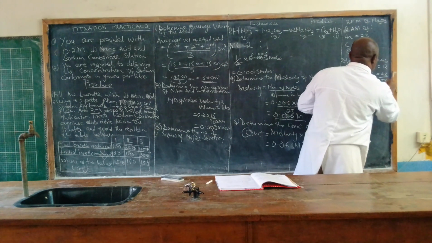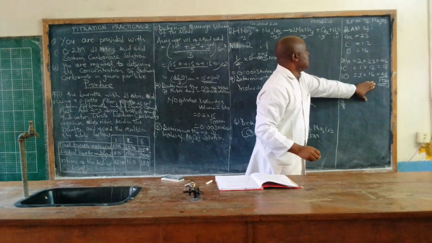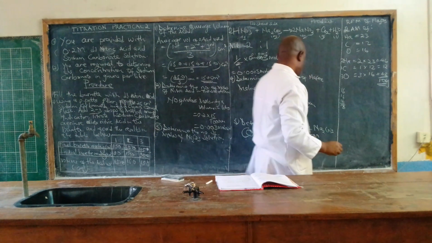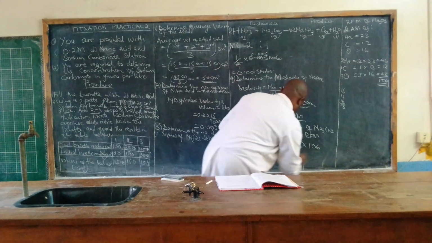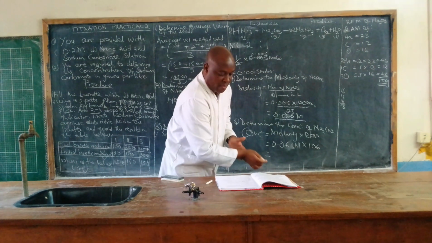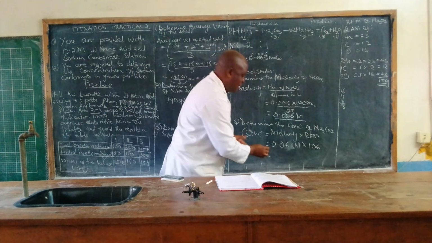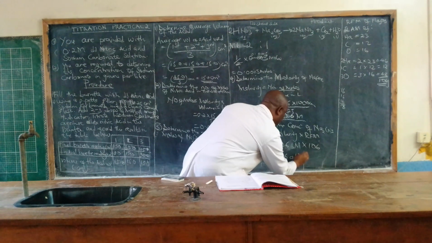So 46 plus 12 plus 48 gives 106 grams. This is the relative formula mass of sodium carbonate, that's why we write 106 here. Now, if you do your mathematics properly, you are going to get 6.36 grams per liter.